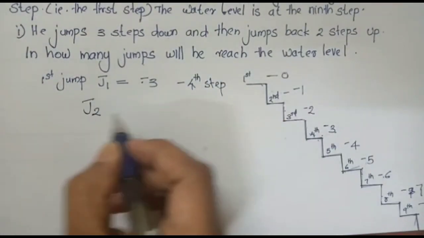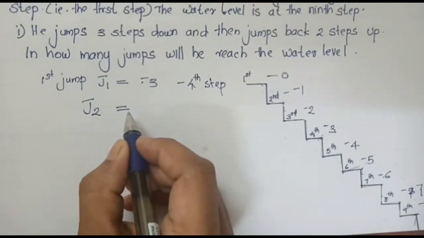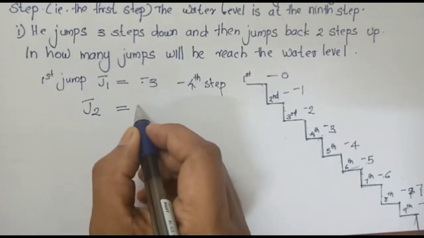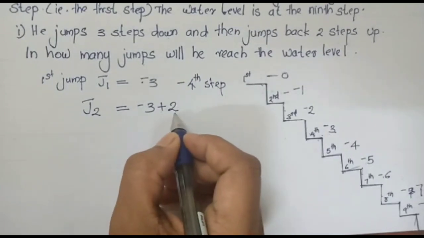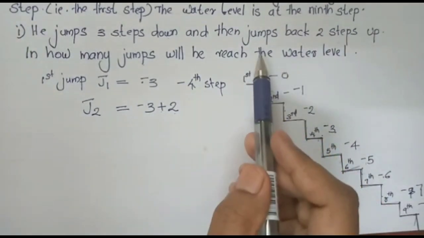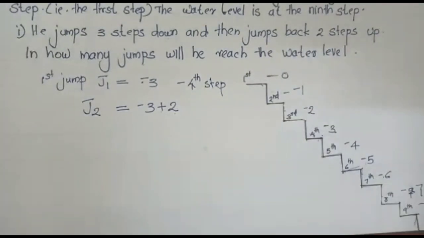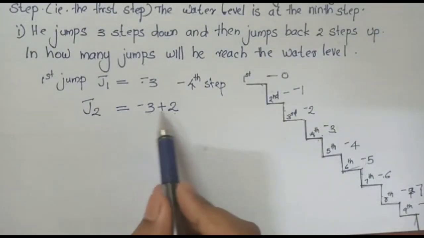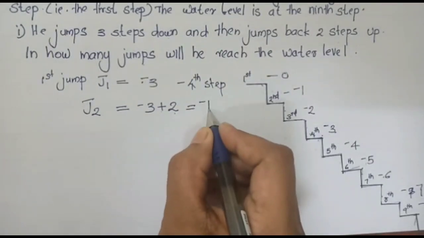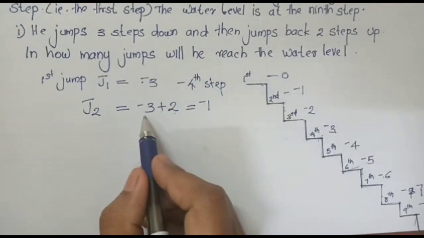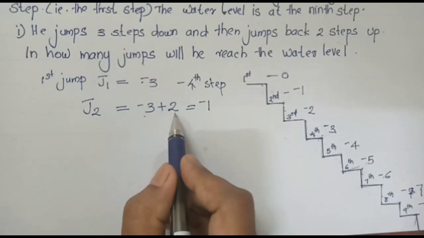So J2, the second jump, equal to this -3 plus 2, because 2 steps up. -3 plus 2 equal to -1, because one is a negative integer and one is a positive integer.